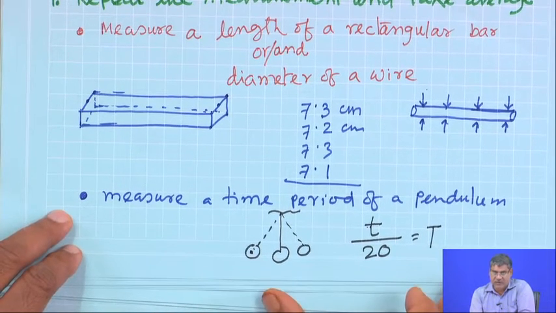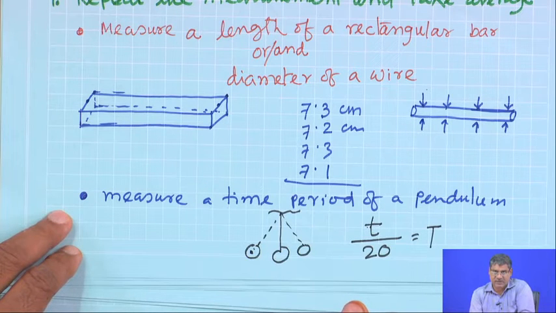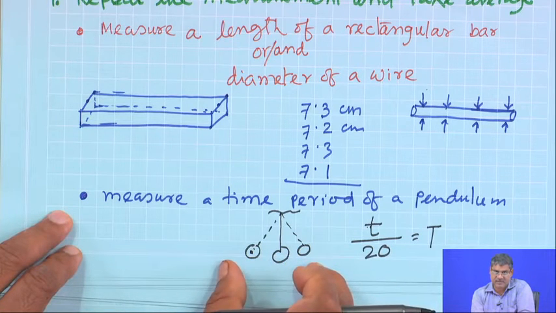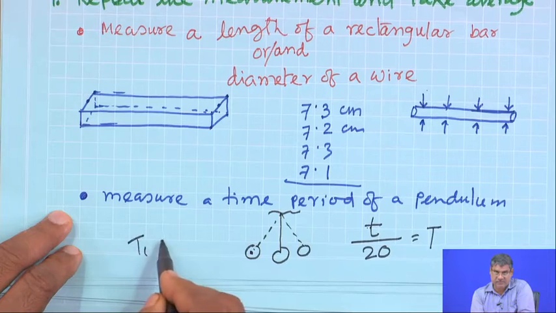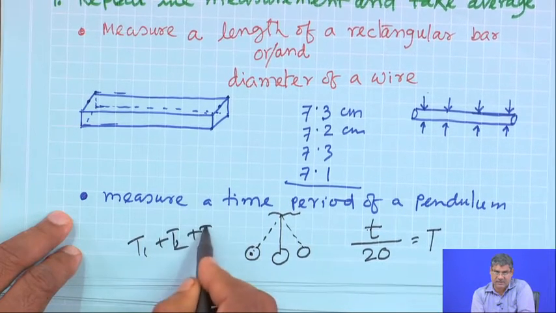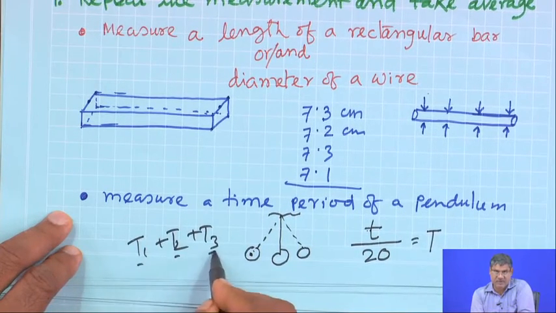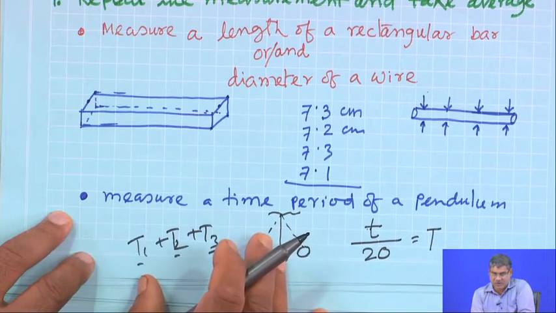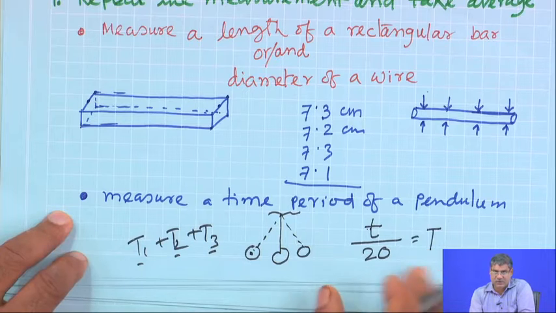Okay. So, this way actually we are repeating the measurement. Instead of individual measurements, T1 plus T2 plus T3, these are all time periods, and then taking the average.